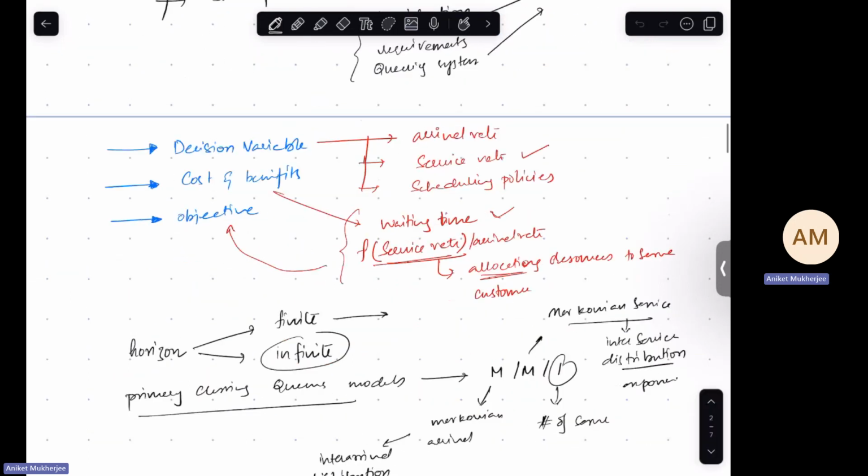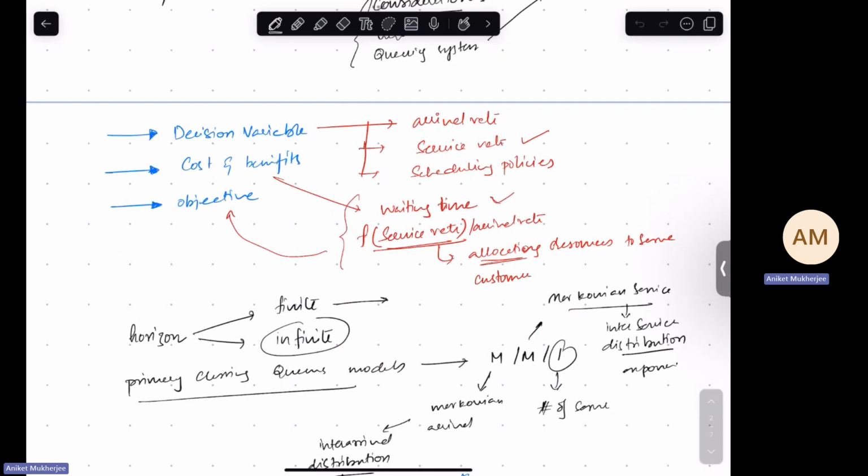So basically, while designing a queuing system, you need to make sure what are your decision variables and what are your known variables. All the variables that you'll have mostly in queuing systems are either your arrival rates, your services, or scheduling policy. Scheduling policy is a set of decisions that the server makes, which basically chooses which arrival to be served.